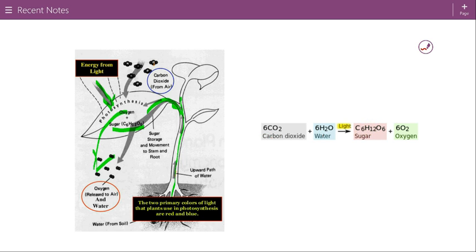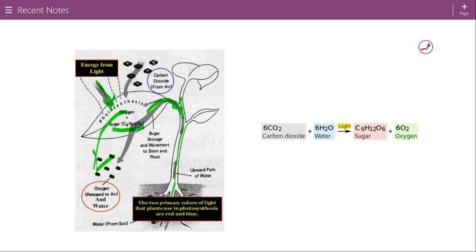All right. So we've got our 6 molecules of carbon dioxide and our 6 molecules of water. That gives us 6 atoms of carbon, 12 atoms of hydrogen, and 18 atoms of oxygen. 6 of them are going to end up in the glucose, and then 12 of them are going to be given off as byproducts. So we've got these 6 diatomic oxygen molecules that are going to be given off into the atmosphere.